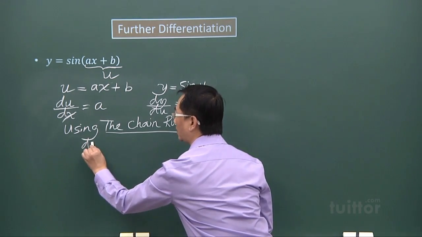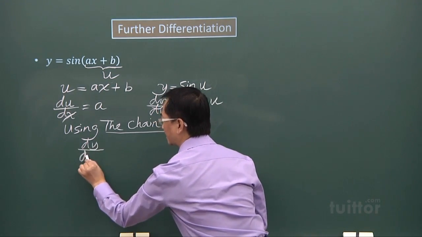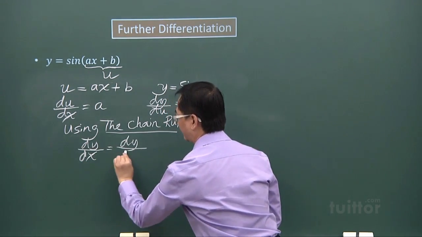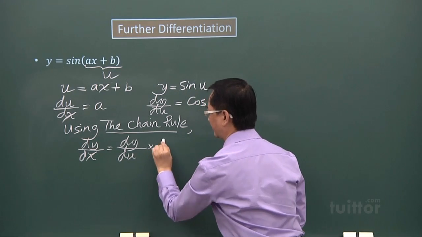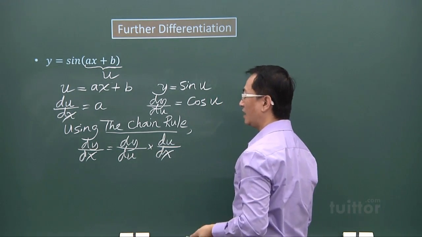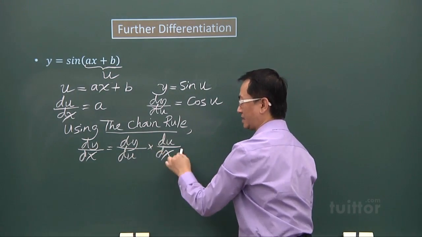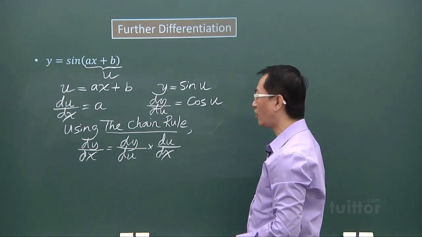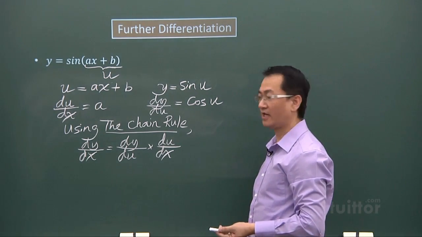So the simple equation is this. Now these are symbols. Symbols cannot be detached or cancelled off.